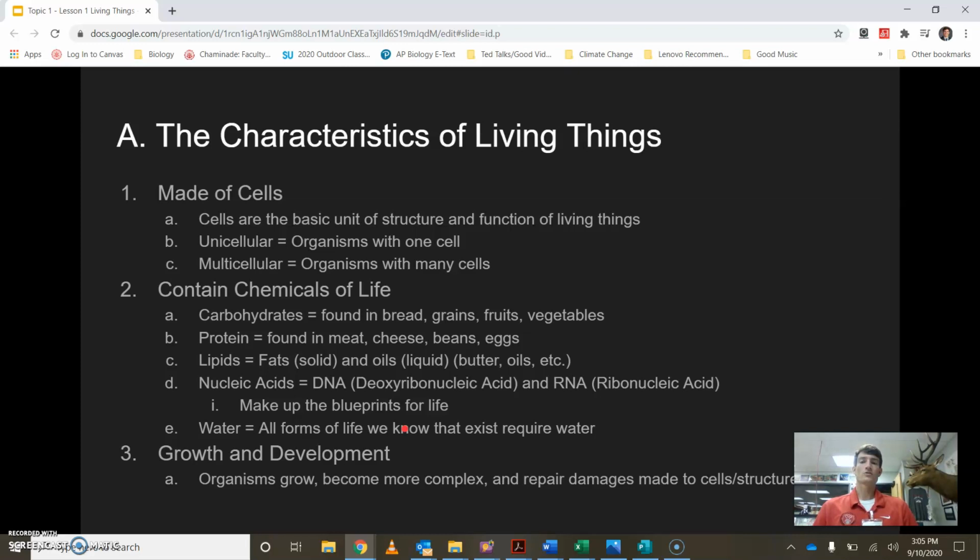All of those little changes that are happening, as well as even more complex changes, like when a human baby goes from a single cell all the way up to a several trillion cell body like they are when they're an adult, are very complex changes, and that just shows how much organisms, living things, can grow and develop.